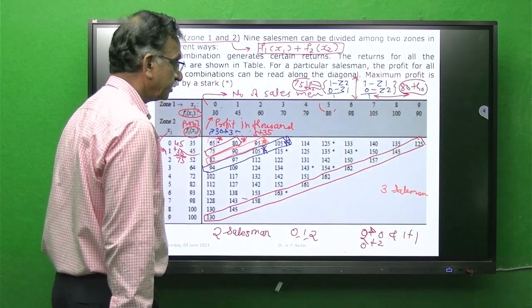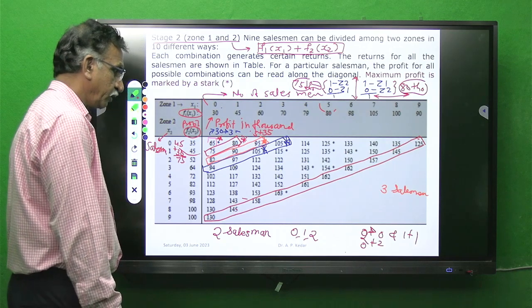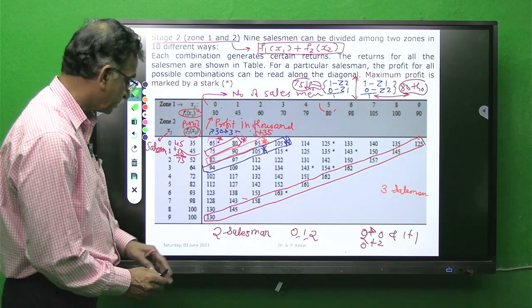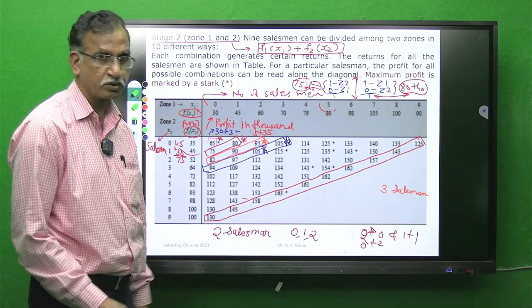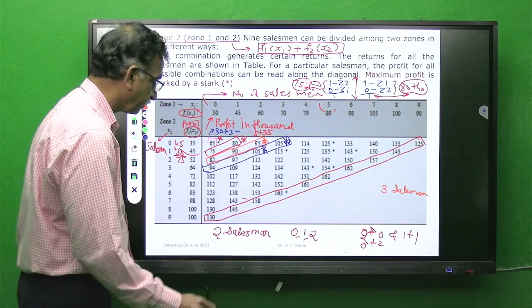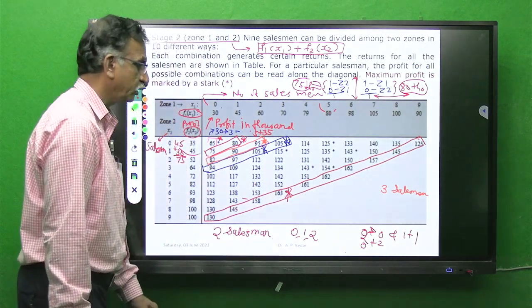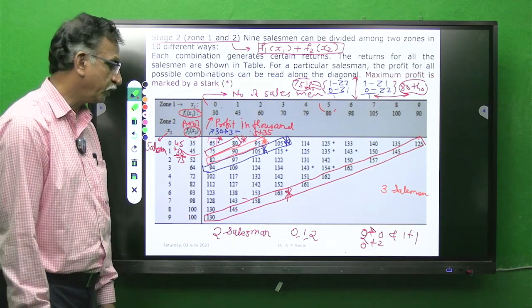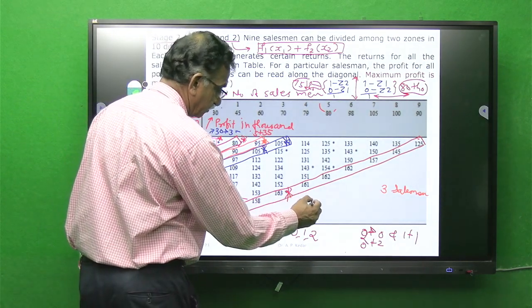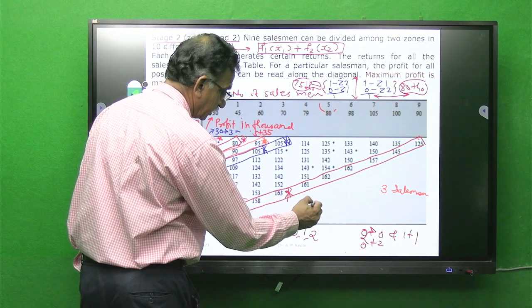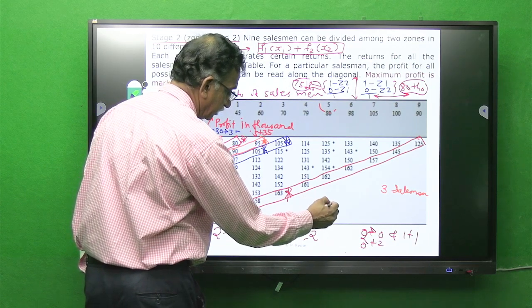So we are ready with all these values, and students, amongst these values you can see this 163 is the largest for the combination of total 9 salesmen.